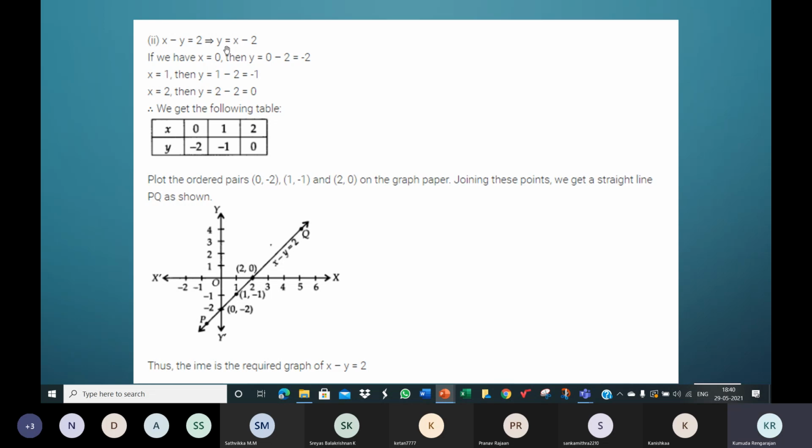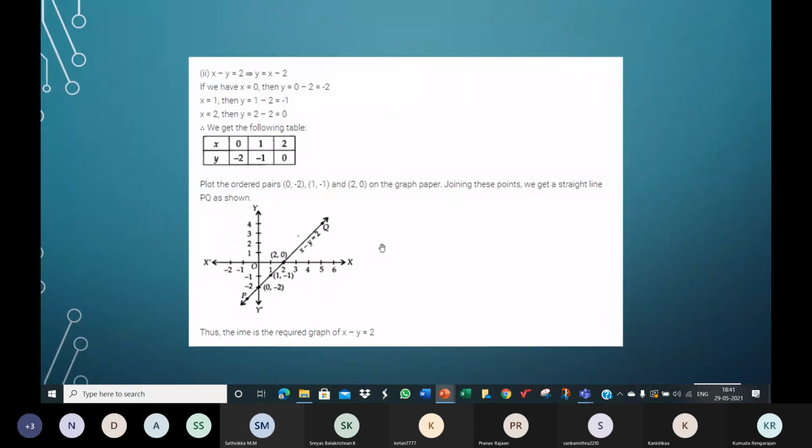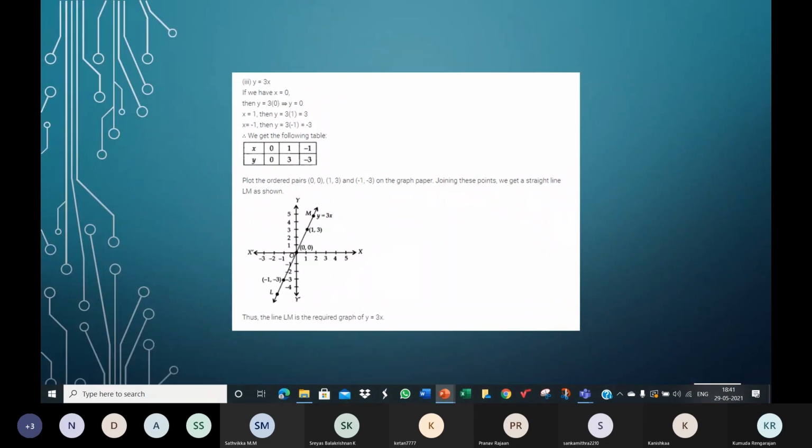Plot the points 0, -2, 1, -1, 2, 0, and join to obtain the graph. And this also we just finished.